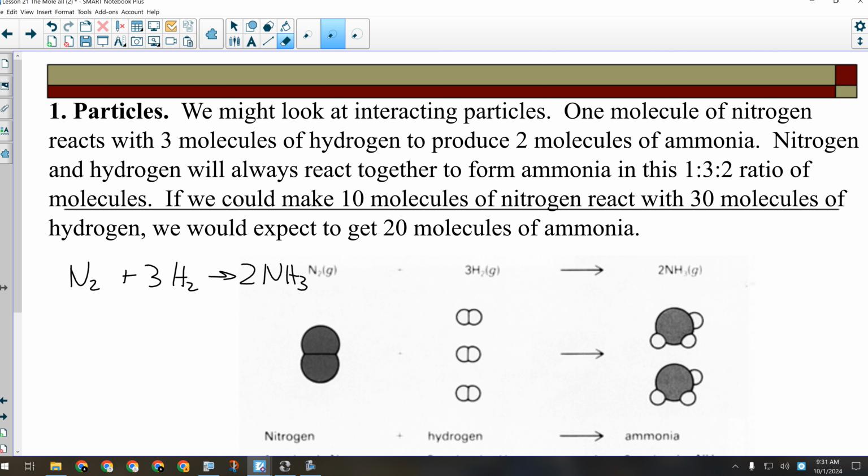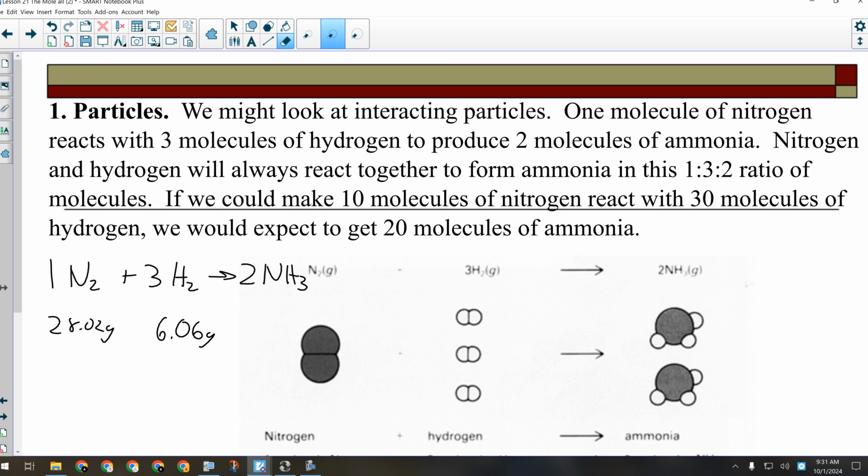Okay, it could also mean that I had 1 mole of nitrogen gas, and that I had 3 moles of hydrogen gas, and that when I reacted the 2 of them, I got 2 moles of nitrogen trihydride. That would be another way to look at it. Or I could look at it from a mass point of view. I could say that there are 28.02 grams of nitrogen, and that there are 6.06 grams of hydrogen.